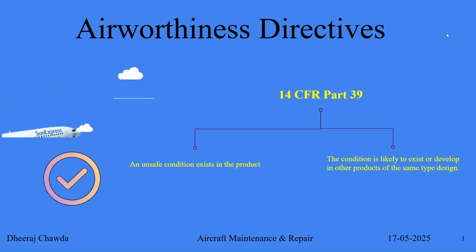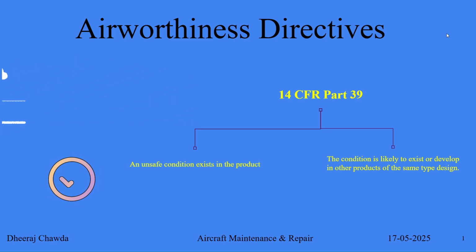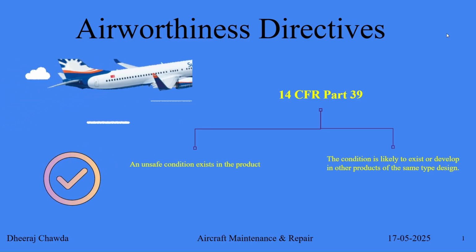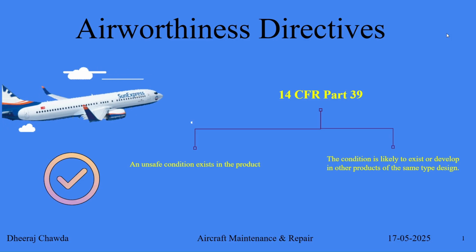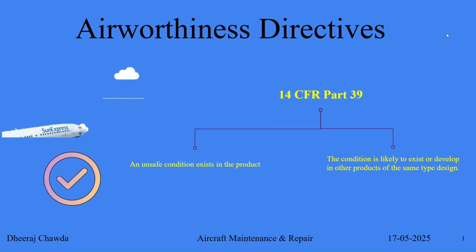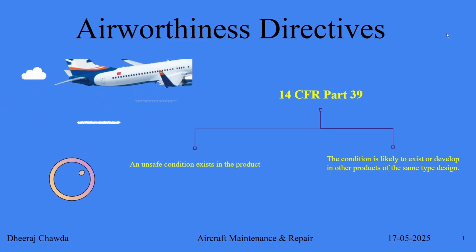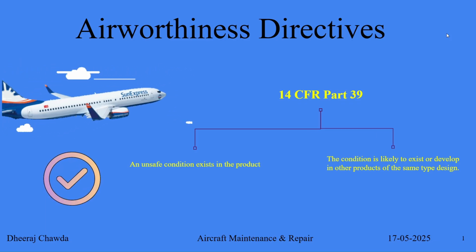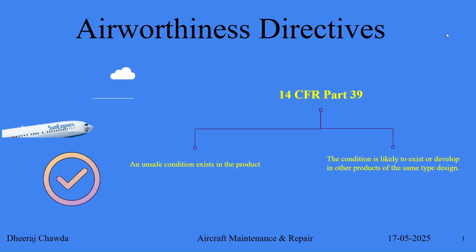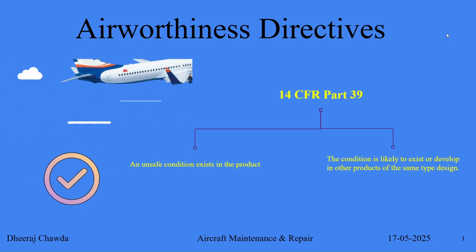If one condition applies to aircraft A, the same condition may or may not apply to aircraft B. So they check both of these conditions, and only then can they tell that this aircraft is allowed for airworthiness. Basically, this aircraft is allowed to fly.